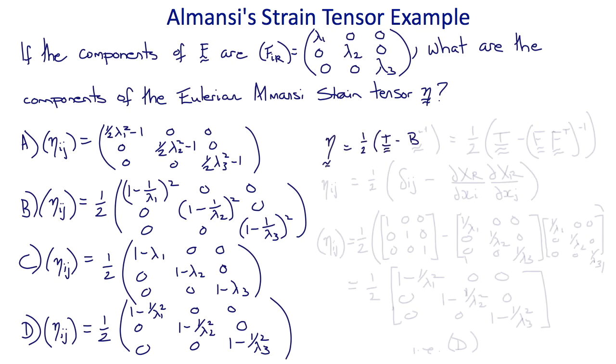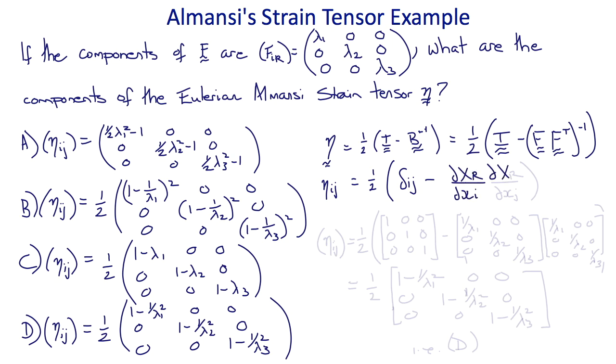Well, eta is 1/2 of I minus B inverse, where B is F F transpose, so we get 1/2 of I minus F F transpose inversed. In index notation, this is eta ij equals 1/2 of delta ij minus ∂Xr/∂xi times ∂Xr/∂xj, where these are the inverse of the deformation gradients.